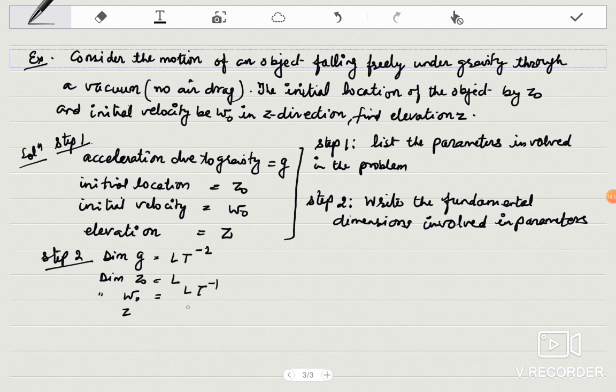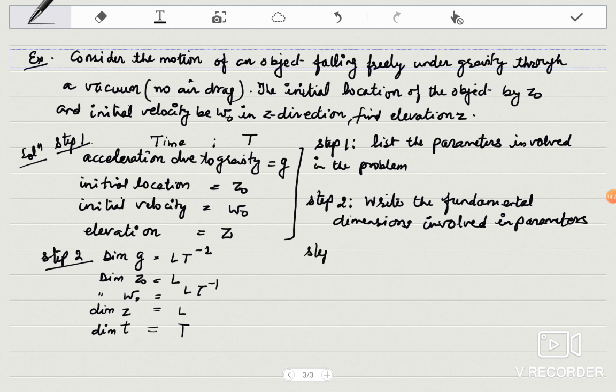And of Z, one parameter is missing, I think initial velocity, that means time is also involved in this problem. Now dimensions of Z are L and dimension of T is time, because time is the fundamental dimension. So this is step 2.